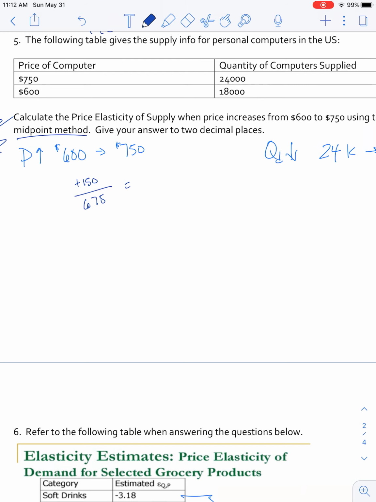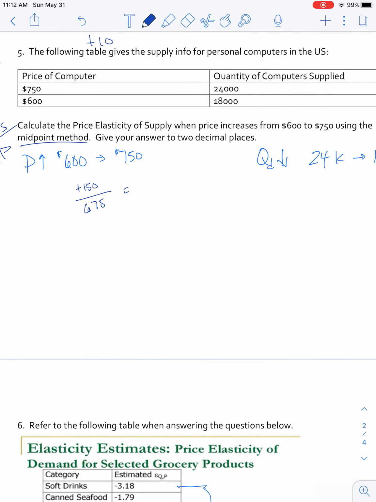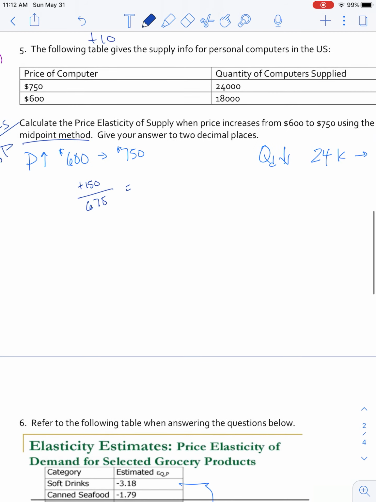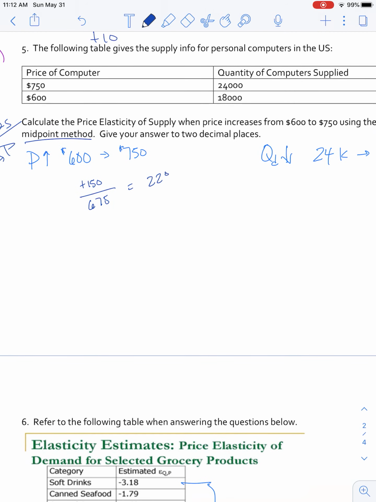So the increase in price is 150 divided by 675, and that gives me 0.22. I'm not sure if that was very neat. Try that again.